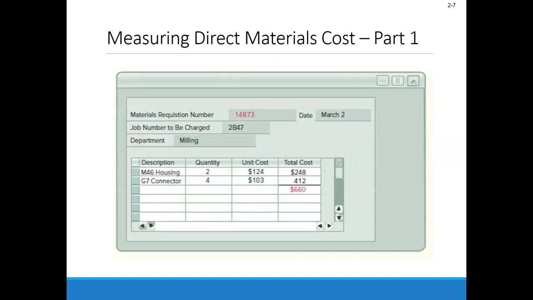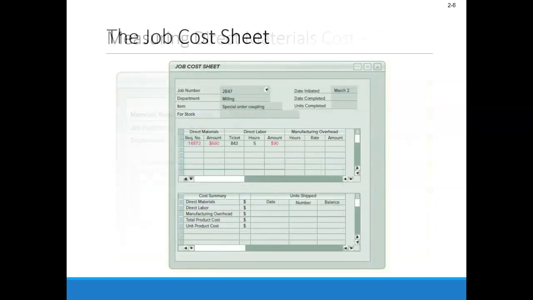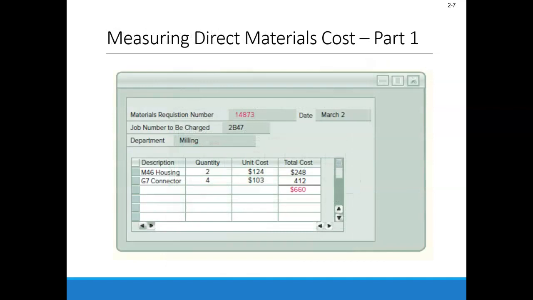The material requisition, when they request materials, they have to specifically identify with the requisition what job they're being attached to and what items. So in here, you've got 2 quantity of M46 housing and then 4 items of some connector.